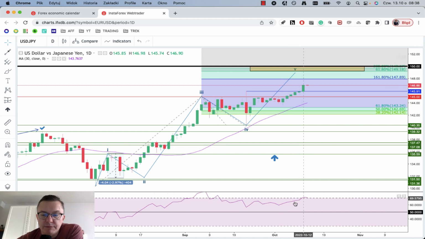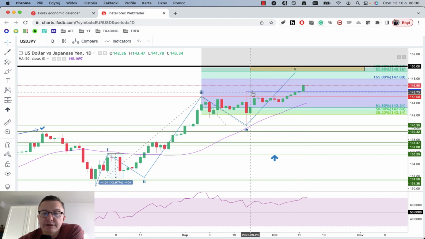It looks like the momentum is, of course, strong. It's positive. We can see the bearish divergence between the wave 3 top at 144.95 and the potential wave 5 top. We have the divergence here already on the RSI daily time frame chart. So we should expect a strong pullback after we are done with the upside extension on the US dollar to the Japanese yen.